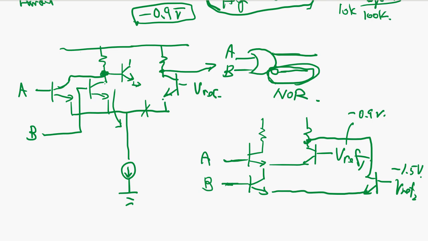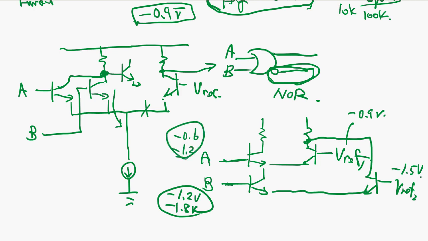So this input voltage has to be minus 1.2 volt to minus 1.8 volt. So the voltage level is different. This guy A is minus 0.6 to minus 1.2.